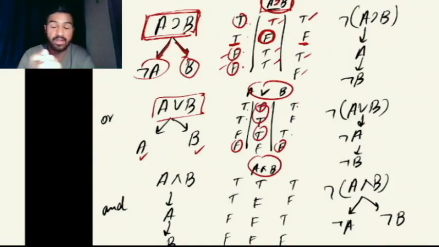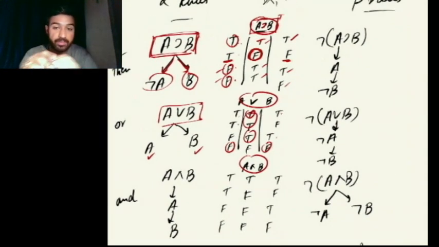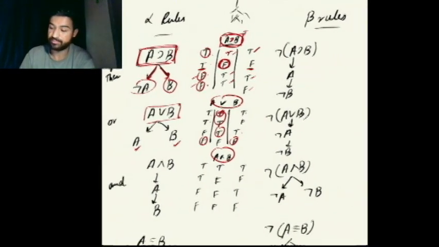This is like saying A or B. Either A comes to the class or B comes to the class, right? We can also say that if A is coming to class, the sentence that either A or B comes to the class is true. And when B also comes to the class, the sentence either A or B comes to the class is true. That is how you understand it from natural language. So this is how you get the branching alpha rule of disjunction, or or.